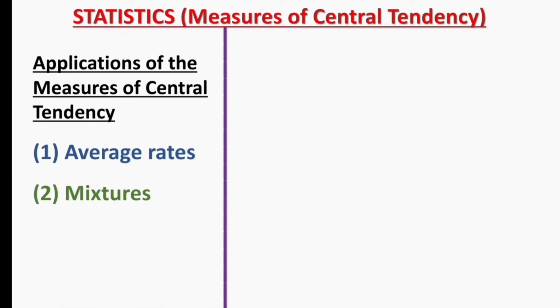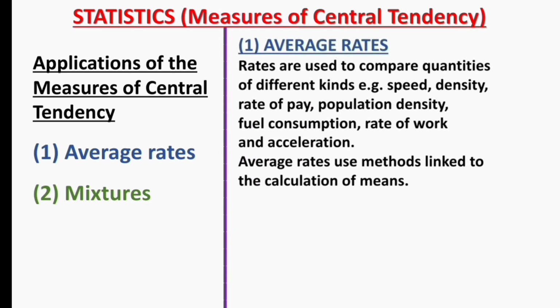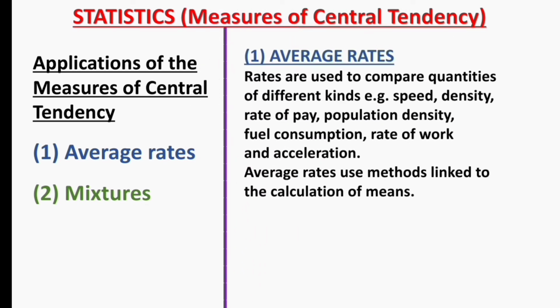Lastly, let's see the applications of the measures of central tendency, which are number 1, average rates, and number 2, mixtures. For average rates, rates are used to compare quantities of different kinds. Some examples of rates are speed, density, rate of pay, population density, fuel consumption, rate of work, and acceleration.